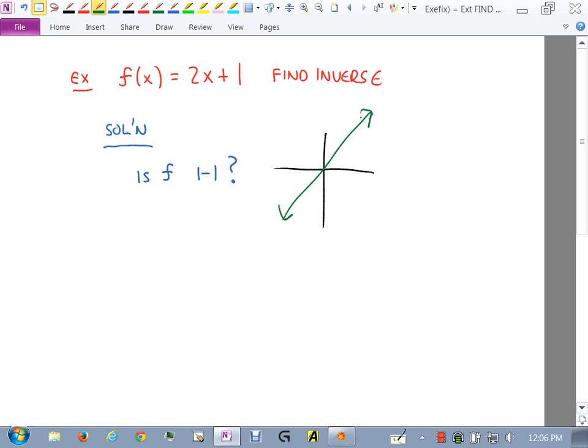So all non-vertical and non-horizontal lines have inverses. But if they're vertical or horizontal, you have issues because it fails either the vertical line test or the horizontal line test, one or the other. So whenever we're looking at a function, we first need to make sure it's 1-to-1 because that's what guarantees us the inverse exists. So the answer is yes.